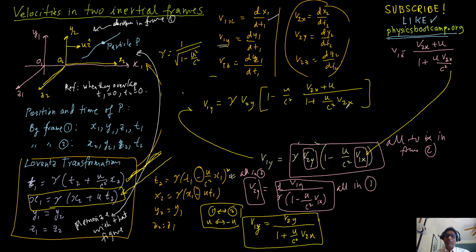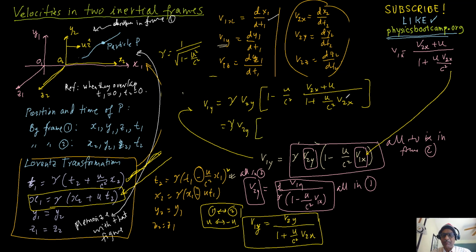Now, if you were to simplify it, you should get this, and let's see if I get that. So you have a u over c square times this, and so let's say gamma v2y.